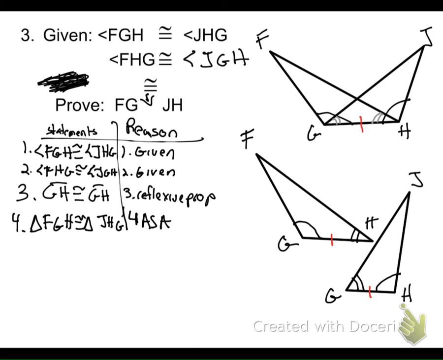I can say that with my 5th step, because now that we have corresponding congruent triangles, all of the corresponding parts are congruent. That's CPCTC. So we have FG is congruent to JH, and we know this by CPCTC.